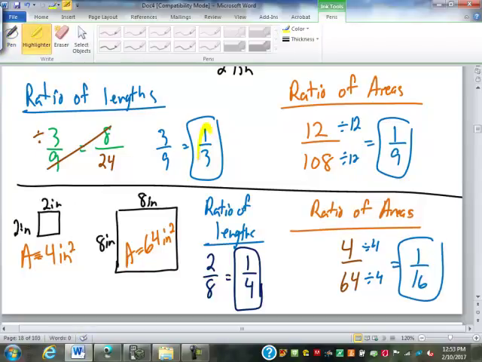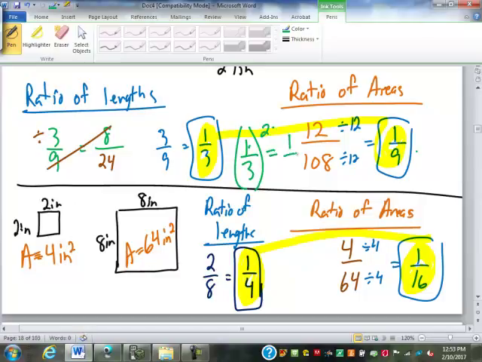So when I had a 1 to 3 ratio of lengths, I ended up with a 1 to 9 ratio of areas. When I have a 1 to 4 ratio of lengths, I end up with a 1 to 16 ratio of areas. Do you see the link? Yeah, the ratio of areas is the ratio of lengths squared. If I take 1/3 and I square it, 1 squared is 1, 3 squared is 9.